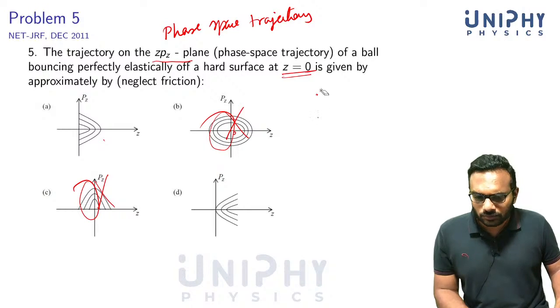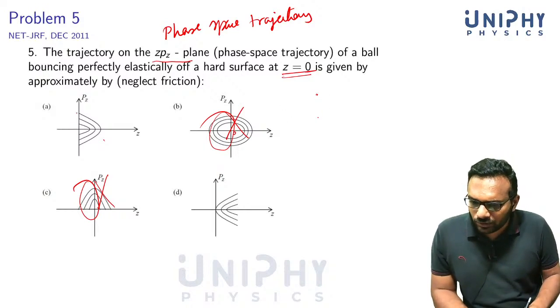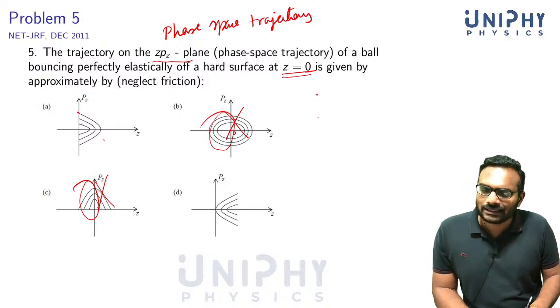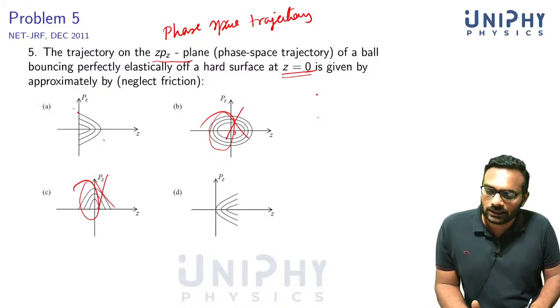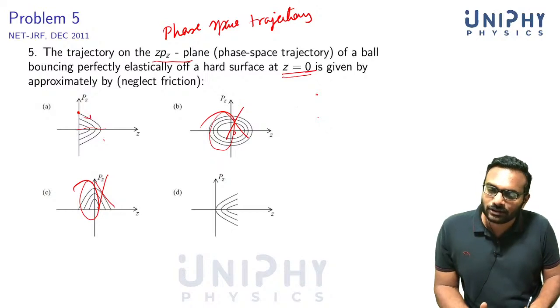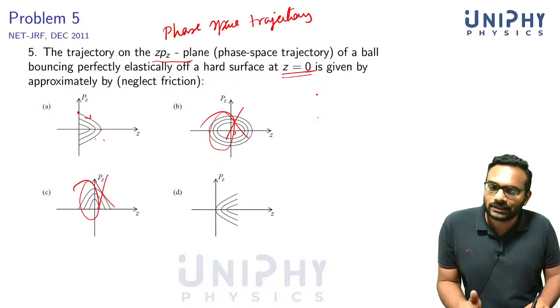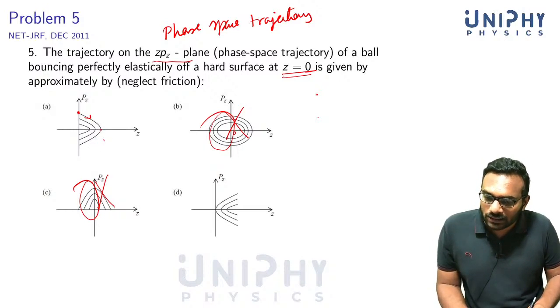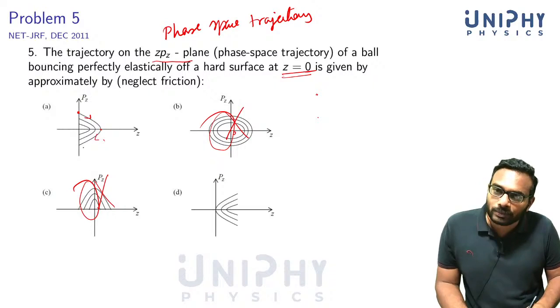So let's take this as the initial state, z equal to 0. At z equal to 0, the ball is bouncing and the momentum is maximum. You see that as z increases, the momentum is actually decreasing, and it becomes 0. Fine, it's just as we said. And then the momentum increases in the opposite direction.